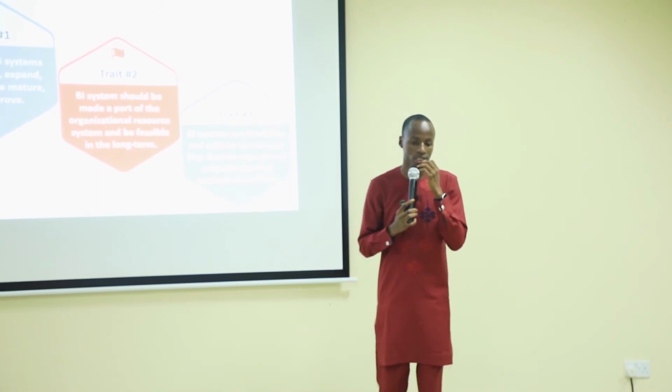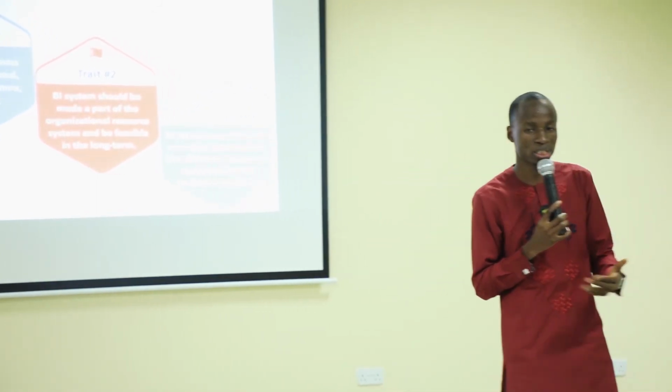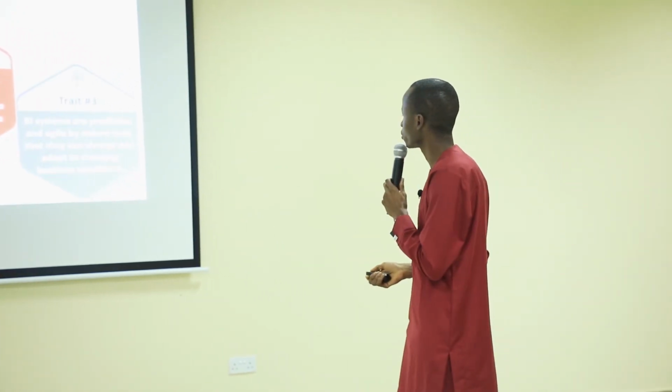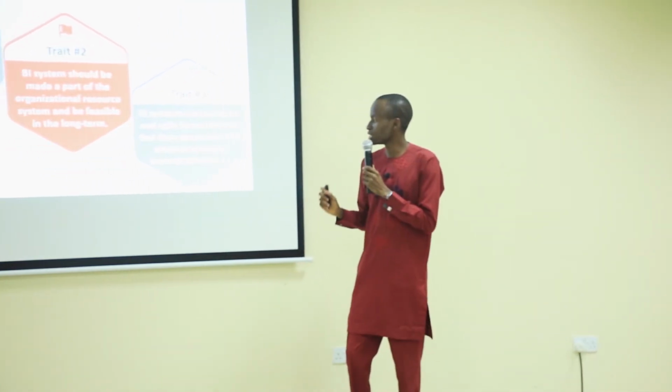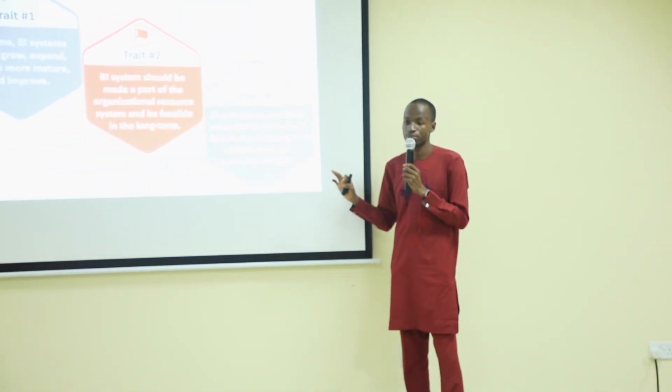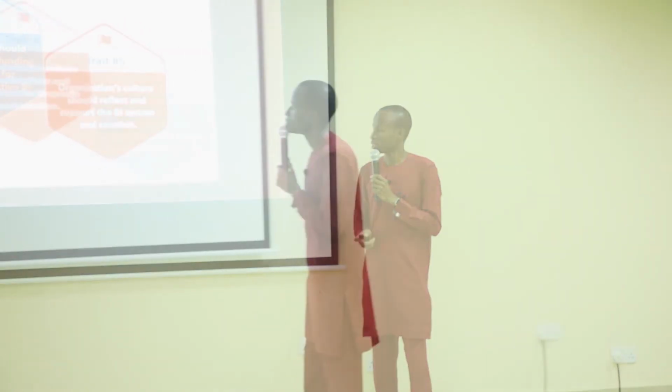So part of your business is to find a way to implement it as a feasible part of the business itself. And then the third one, BI should be predictive and agile by nature, such that it can change and adapt to changing business conditions. Does it make sense?